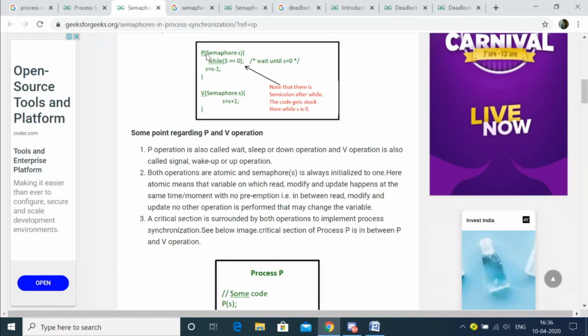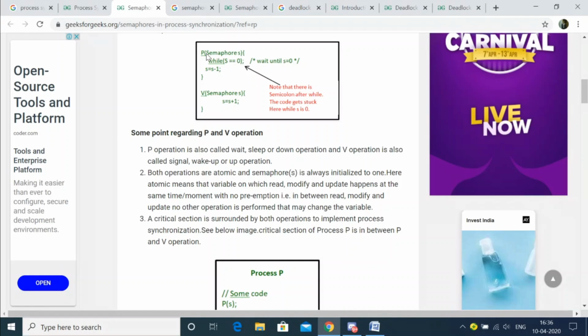It can be write, read, or append. That operation can be only one. It cannot happen that multiple operations are taking place at the same period of time. That's why they are saying the operations are atomic.